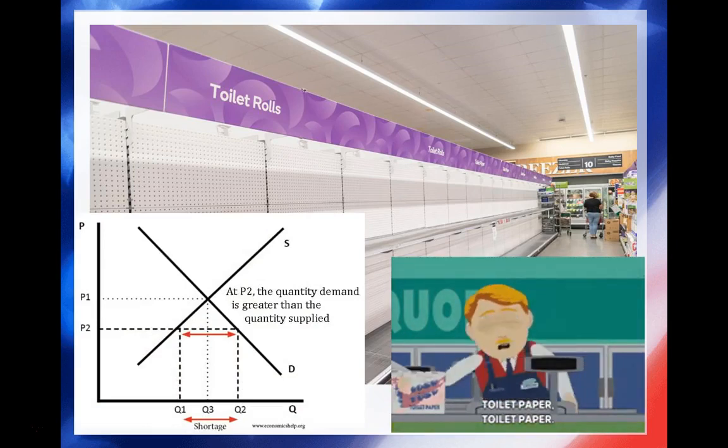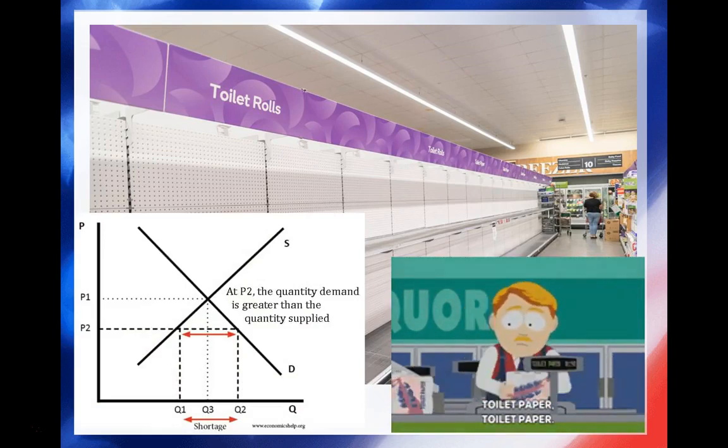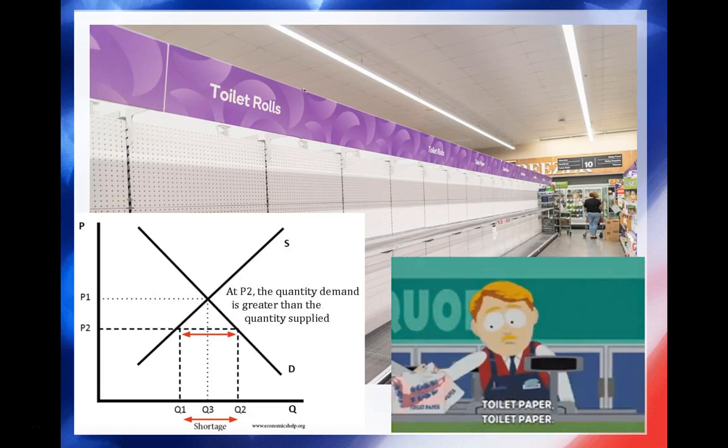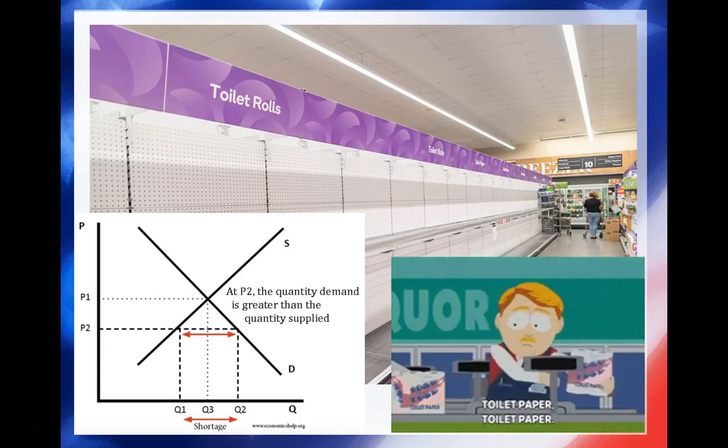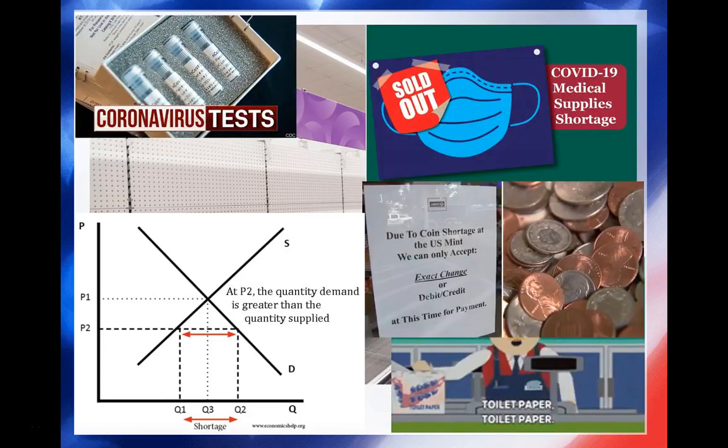When the demand is higher than the quantity supplied at a specific price, you are going to get a shortage. During the Rona crisis, we also had other shortages because there were more wanted than were able to be supplied.